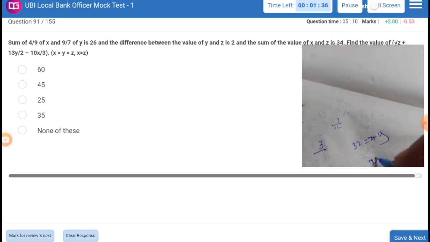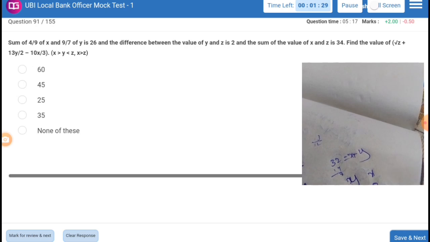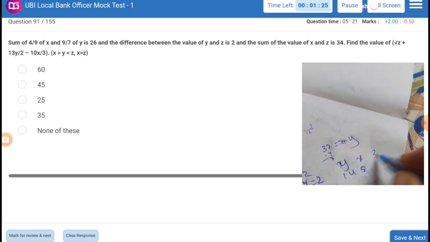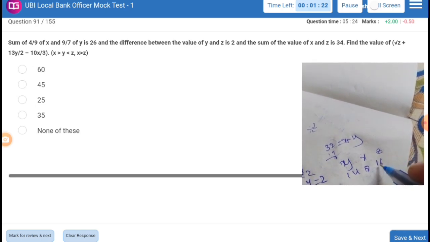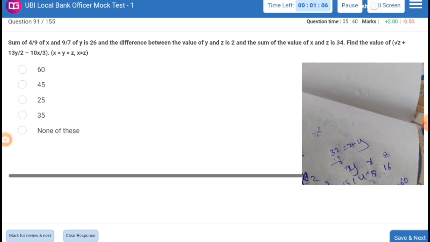So y is 14, x is 18, and so z is 16. Root z 4, 13, 91 is 10x by 3, 60. 95, 60 is 35.